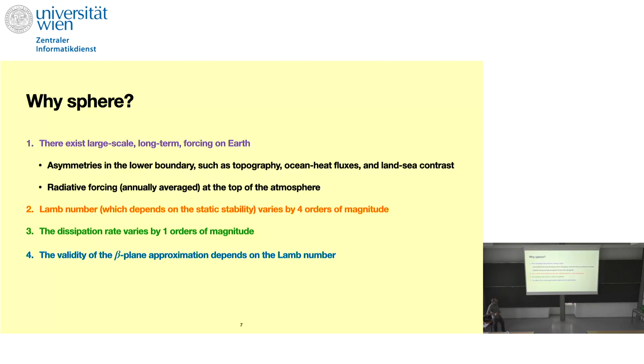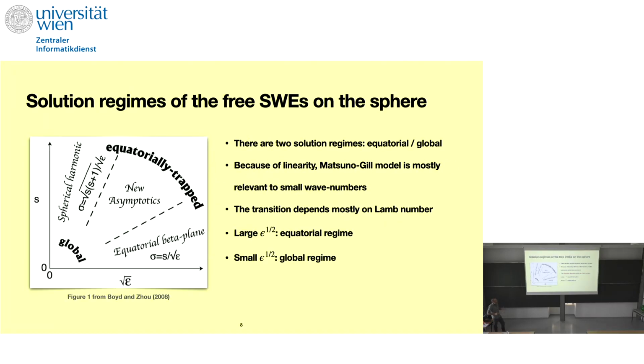And finally, the validity of the beta plane approximation depends on Lamb number, which brings me to the next point, which is the fact that the free shallow water equation on the sphere has 2 solution regimes. There is a global solution regime where the solution covers a large fraction of the sphere, and an equatorial solution regime where the solutions are equatorially trapped.